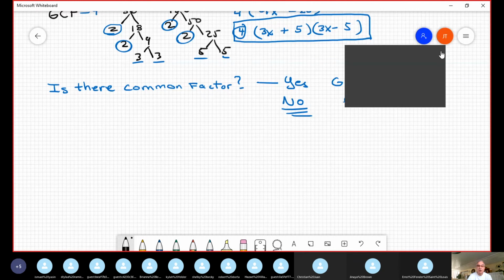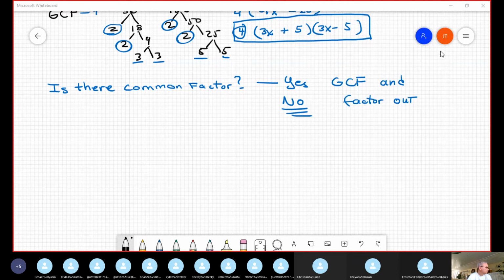Let's move on to question 15. 15 is 8a to the 4th power b minus 98b cubed.